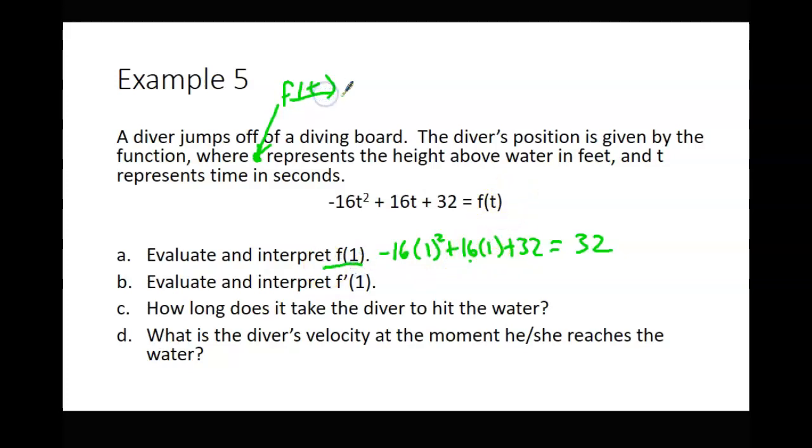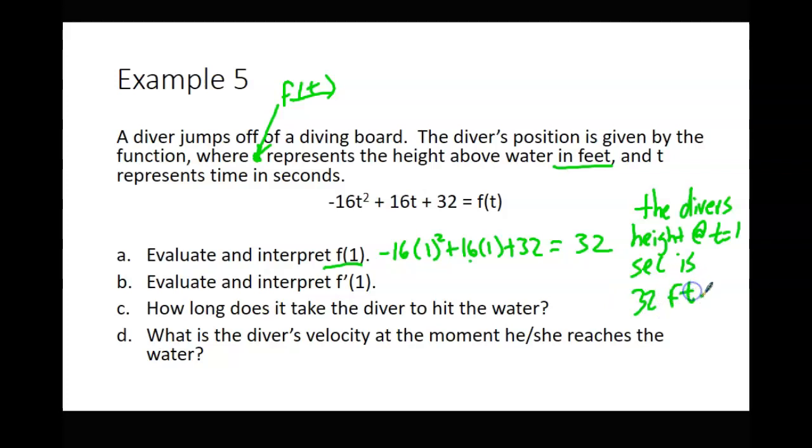F is in feet, so basically this is the diver's height at 1 second after he or she jumps off the diving board. So that's our interpretation. The diver's height at t equals 1 second is 32 feet.